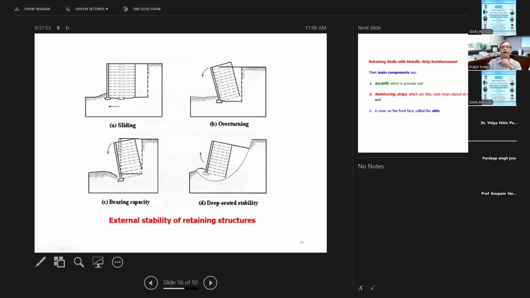So this is how it looks like, MSE wall. So this is sliding, the whole thing is sliding, the whole thing is overturning. There is bearing capacity failure and deep-seated failure.